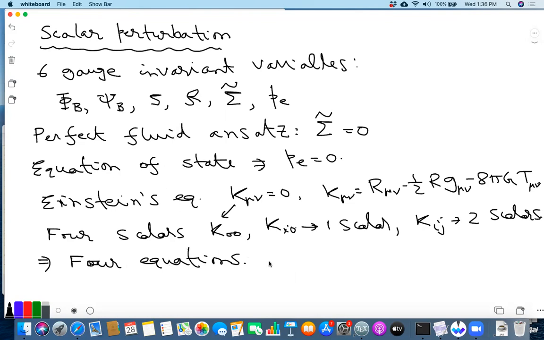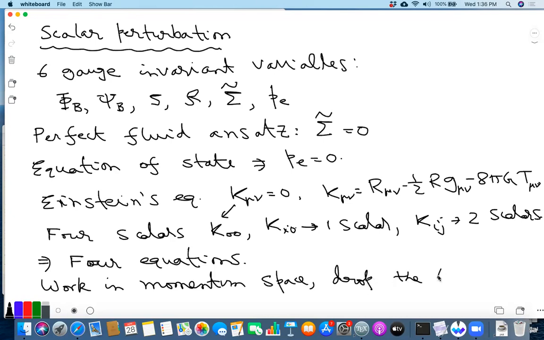So we'll write down in momentum space. So we work in momentum space, namely with the Fourier transform variables. But we'll drop the hats just for convenience. So when I write phi b, it should be understood that we are really talking about phi b hat because we are working in momentum space.